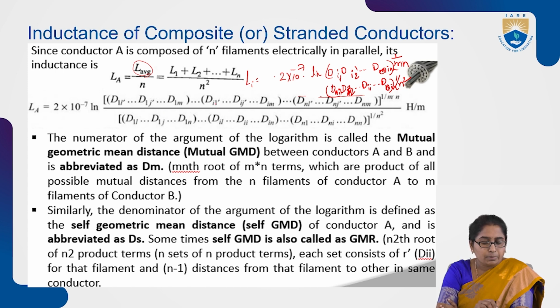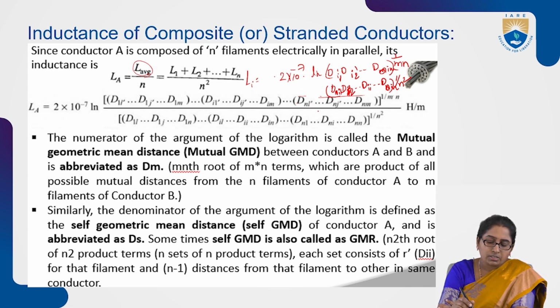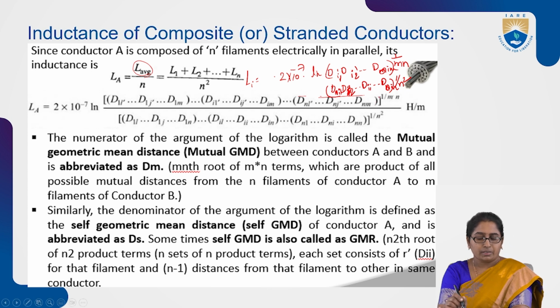Similarly, next element: in conductor B we have the elements 1 dash, 2 dash, like that. So the total elements finally D1 dash, N1 dash, and because total here M number of conductors.